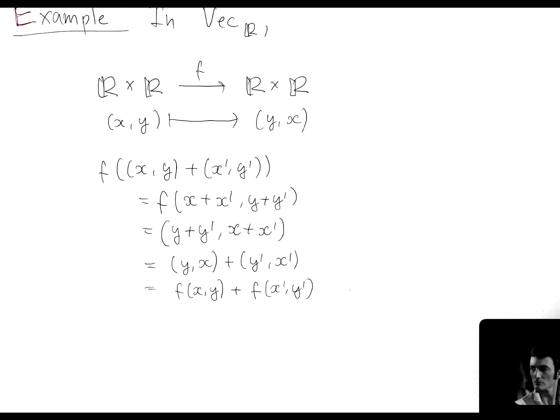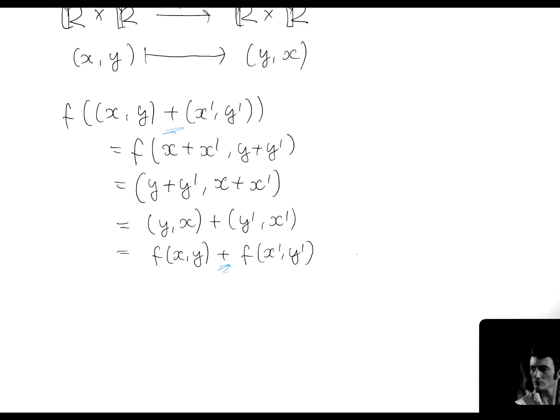So you see we get this homomorphism property for the operation of addition, but we also need it for scalar multiplication. So if I take f of some real number r times vector xy, that will be the same as f of, how do we multiply a vector by a real number? By multiplying every coordinate by that real number, right? So this is f of rx, ry. And then f does the flipping. So this is ry, rx. But now I can take the r out.